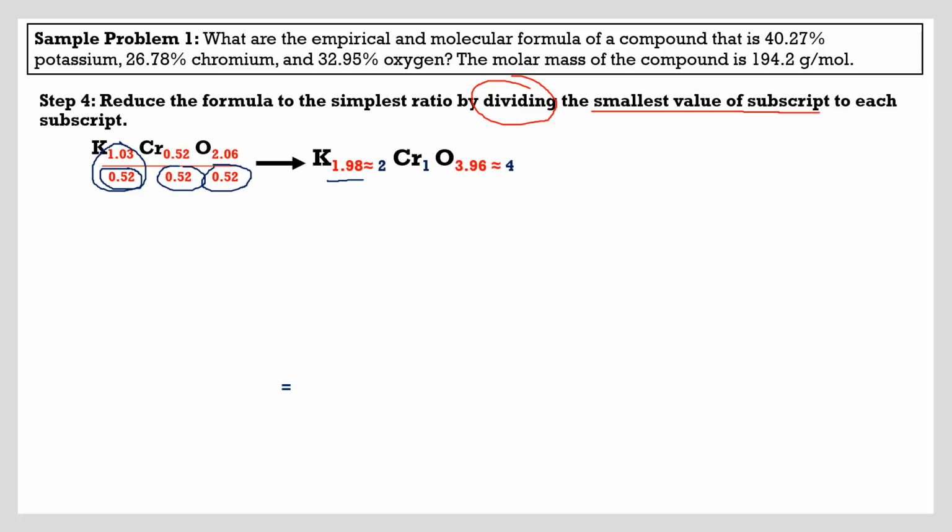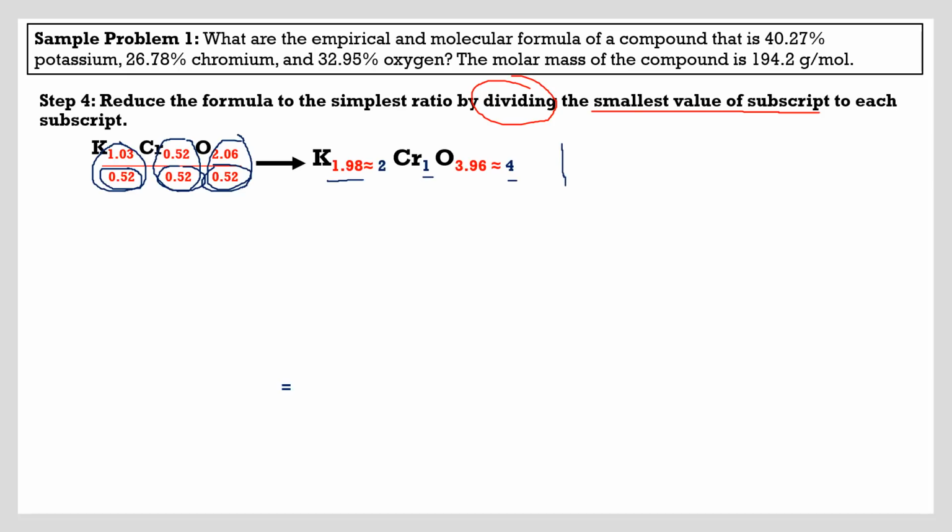For chromium, that is 0.52 divided by 0.52, of course that is 1. And for oxygen, that is 2.06 divided by 0.52, that will give you 3.96. Again, it's near to its whole number, so 3.96 is approximately 4. Now, we can therefore write this chemical formula using their whole number subscripts.